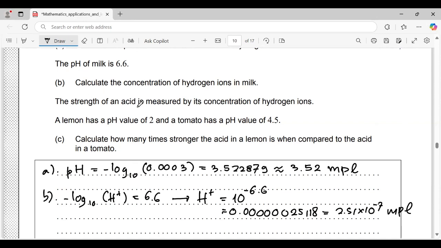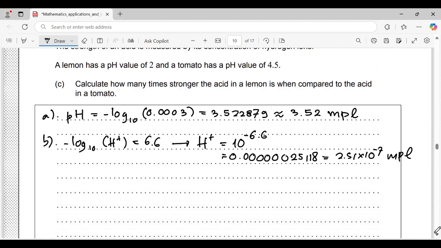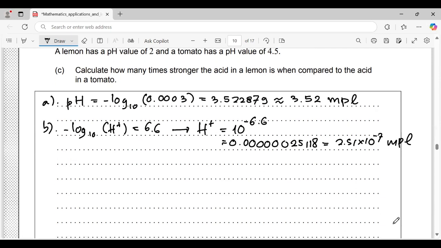The strength of an acid is measured by its concentration of hydrogen ions. A lemon has a pH value of 2 and a tomato has a pH value of 4.5. Calculate how many times stronger the acid in a lemon is when compared to the acid in a tomato. So we are going to compare the tomato acid and the lemon acid.